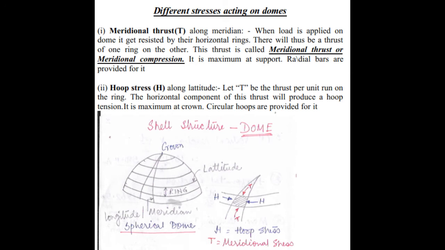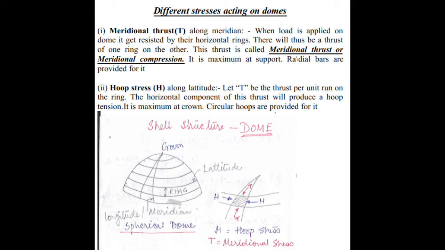Let us see what are the different stresses acting on a dome. As you can see in the diagram, meridional stress or meridional thrust acts along the meridian, obviously from where the name comes. When the load is applied on the dome, it gets resisted by the horizontal rings. That is the property of any member: when you apply some external load on it, it will try to resist, and that is the concept of stress generation.